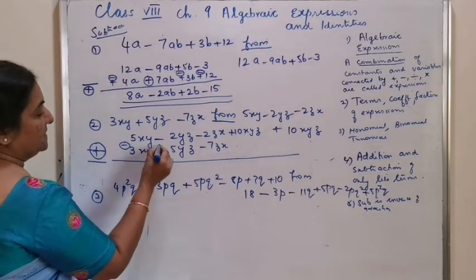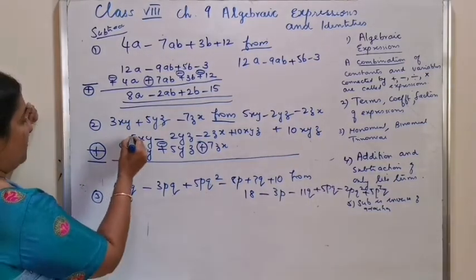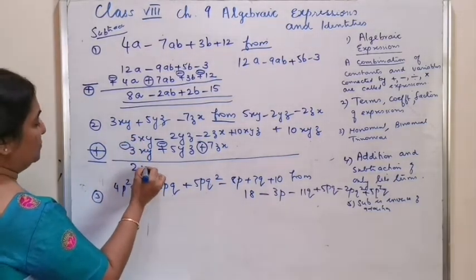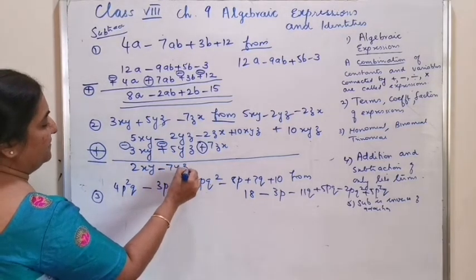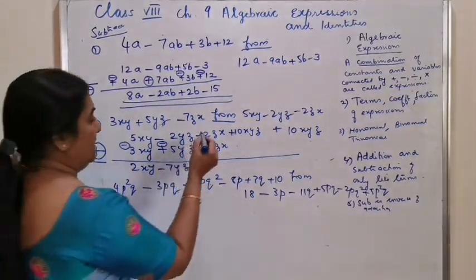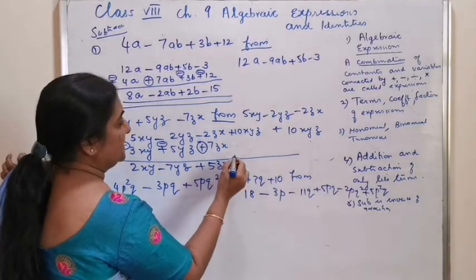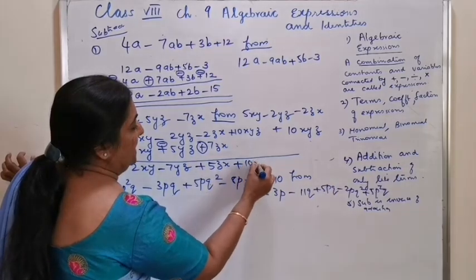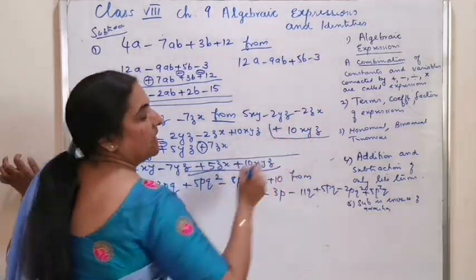Change the sign, change the sign, change the sign. So 5 minus 3 is 2xy. Minus 2 minus 5 is minus 7yz. Minus 2 plus 7 is plus 5zx plus 10xyz. That will remain as such.